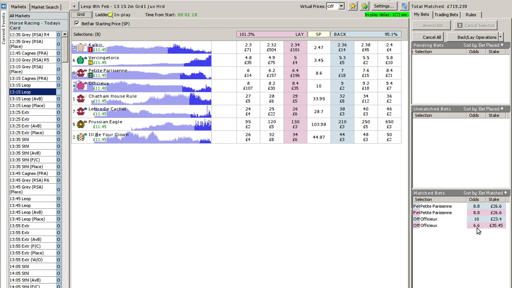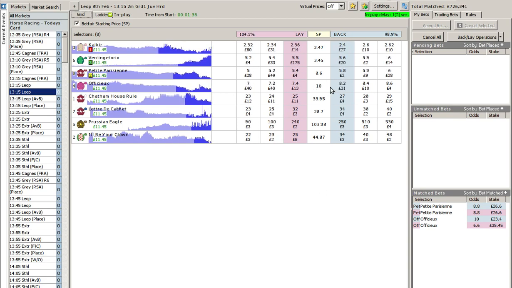Now it'll be worthwhile just carrying on watching this race to see how well these do. If your risk assessments are such that you want to hold on for longer, there's plenty of time to stay in the market. And you can see in this particular case, both these runners are trading below their SP.